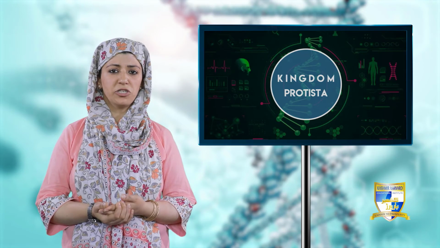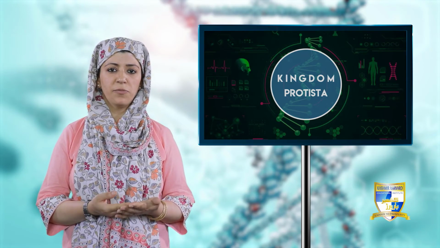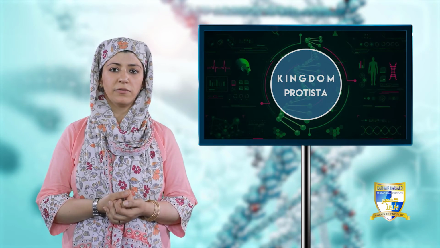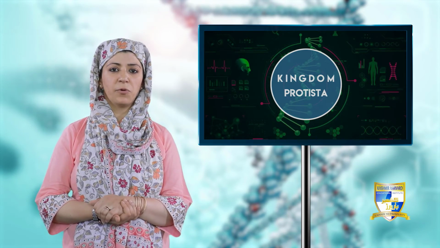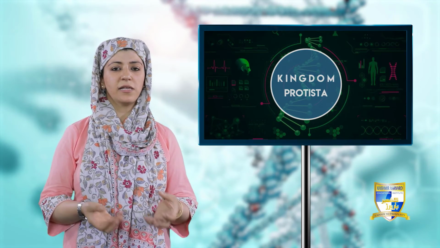We know that asexual reproduction is the type in which only one parent is involved, and sexual is the type in which both parents are involved. These Protists show both types of reproduction.